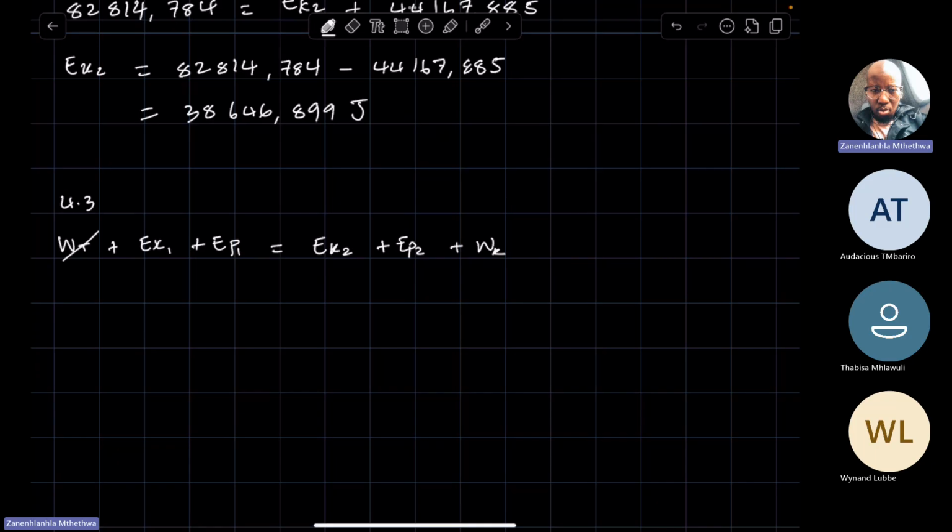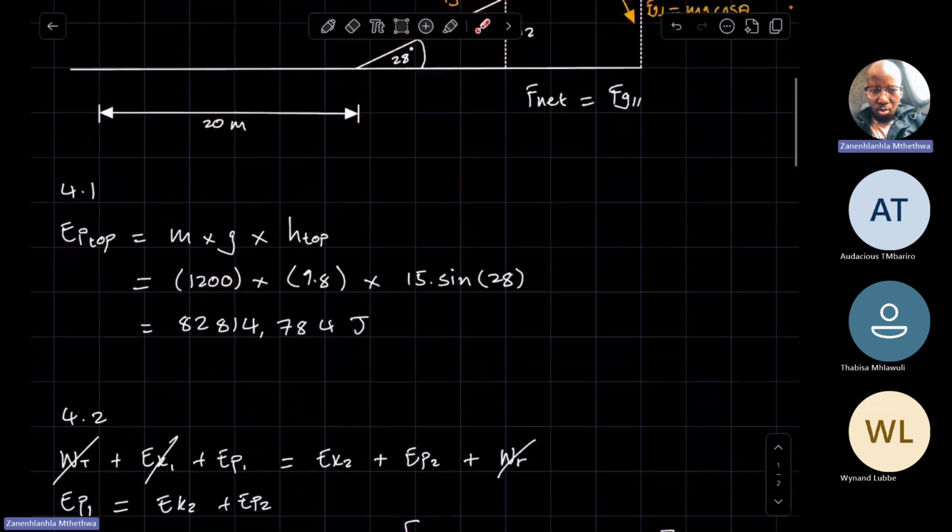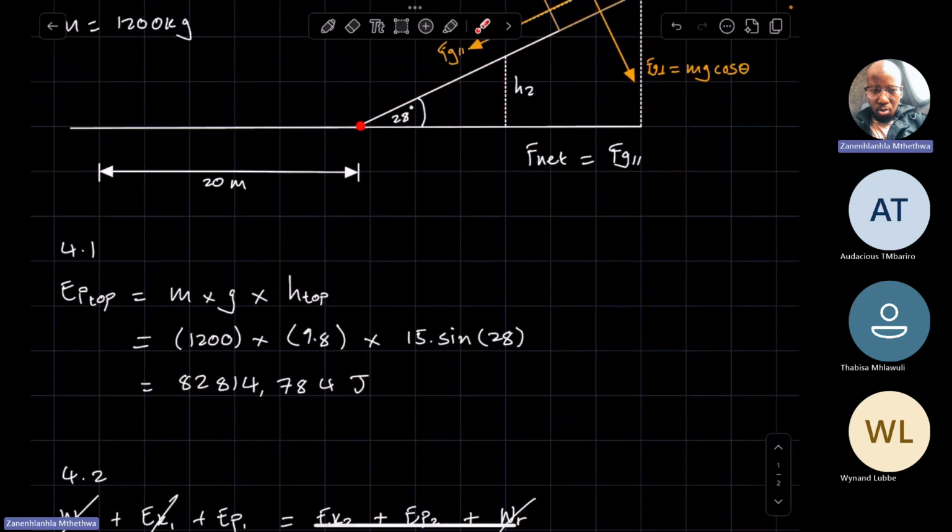Right, we know this and that are not there. Kinetic energy at the top is equal to 0. Kinetic energy at the bottom, we are going to have some kinetic energy at the bottom because by the time the motor car gets to the bottom, it has already accumulated, essentially, its maximum kinetic energy. The potential energy at the bottom, what is it equal to? So the potential energy here, what is that equal to?